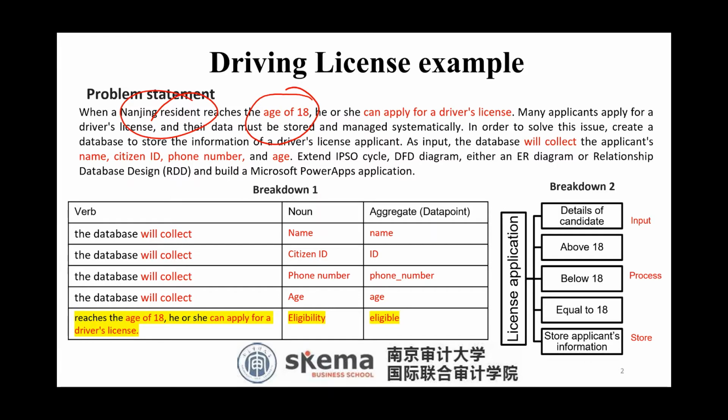Based on some criteria for checking the age, the application moves to the next stage. So we take this small problem statement and break it down at the first level, collect the verbs, collect the nouns, and aggregate the data points as we discussed in the previous classes.